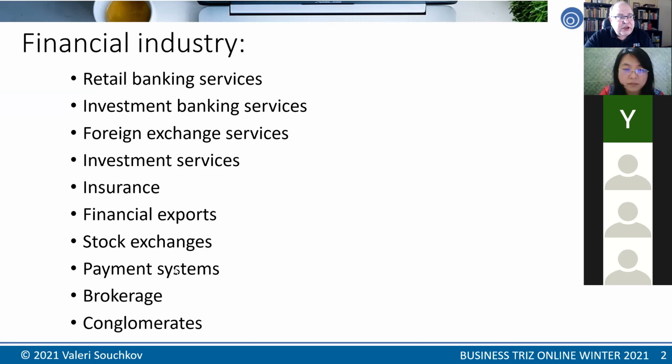Today we also see a lot of innovation in payment systems and brokerage conglomerates. And we have a rather big area which requires innovation today, called fintech. Fintech innovation you can consider as a part of the financial industry as well.